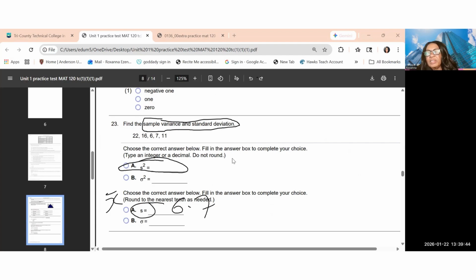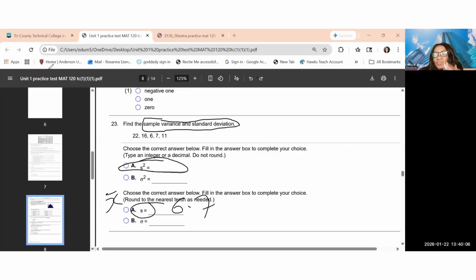For the sample variance, you don't have to round it up. The easiest way is to go to VARS. I'll go to VARS, Statistics, which is number 5.